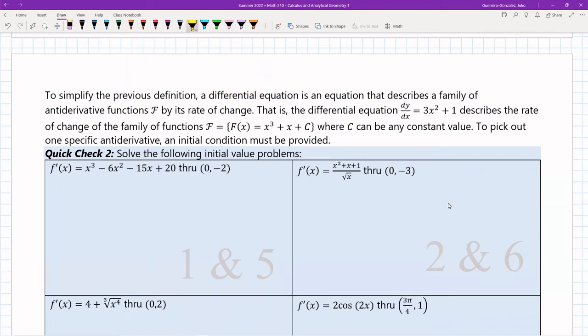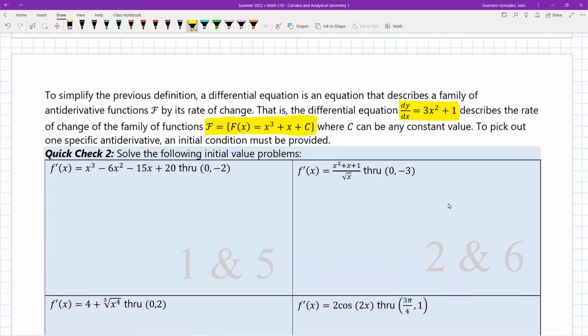This is me trying to sort of explain it a little more. So let's say you had a differential equation that looks like this, where the rate of change between y and x is defined by 3x squared plus 1. That describes the rate of change of the family of functions, this right here. This is your family of functions.